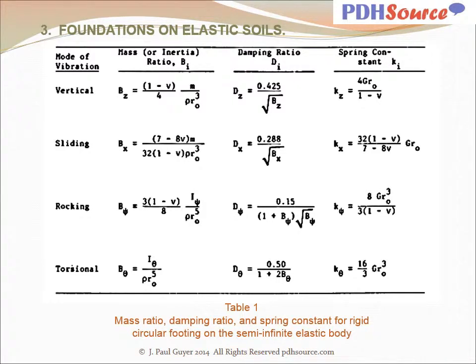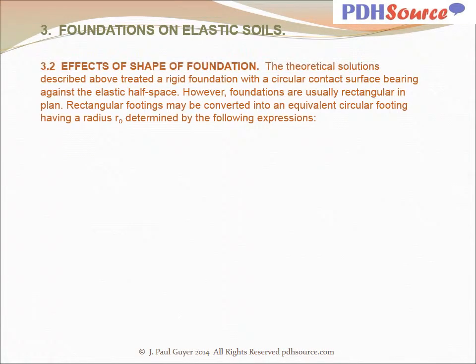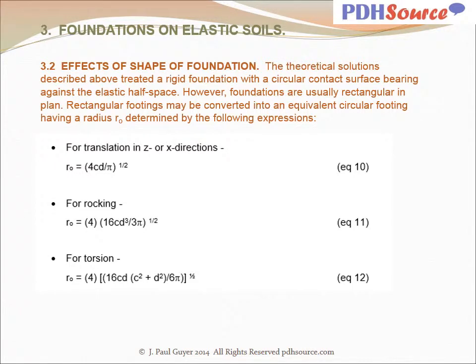Table 1 indicates the mass ratio, damping ratio, and spring constant for rigid circular footings on the semi-infinite elastic body. The theoretical solutions described above treated a rigid foundation with a circular contact surface bearing against the elastic half space.